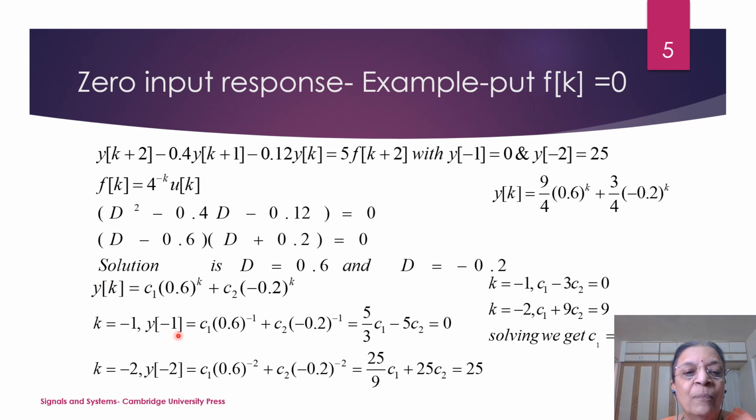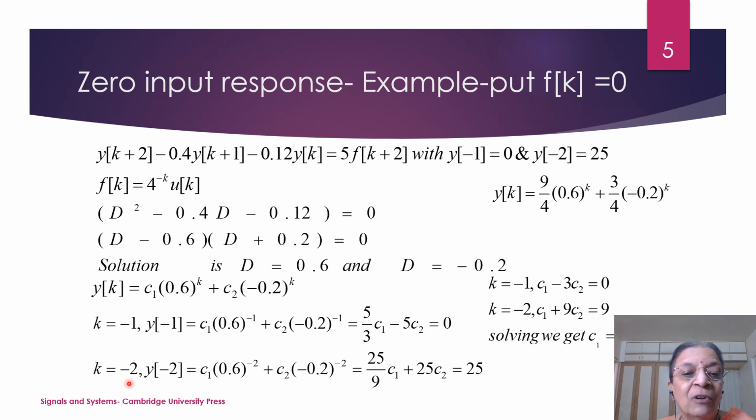I get y of minus 1 is equal to c1 into 0.6 raised to minus 1 plus c2 into minus 0.2 raised to minus 1. This 0.6 is 3 by 5, raised to minus 1 it becomes 5 by 3. So 5 by 3 c1 minus 5 times c2 equal to 0, or I can write 1 by 3 c1 minus c2 equal to 0.